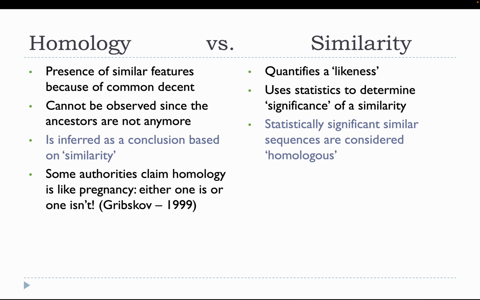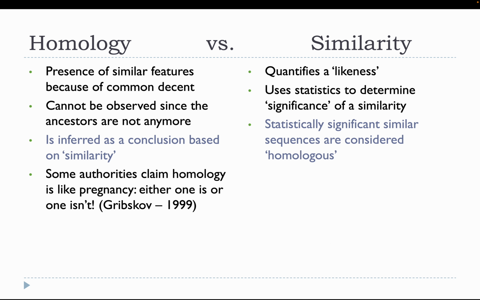We usually cannot know what the ancestor looks like, so this is a kind of hypothesis, or an inference, based on similarity. Similarity is just the amount of similarity we see. And you can use statistics to say, oh, this is highly significant similarity. And we actually do use those kinds of statistics to determine homology, but they're not quite the same thing.